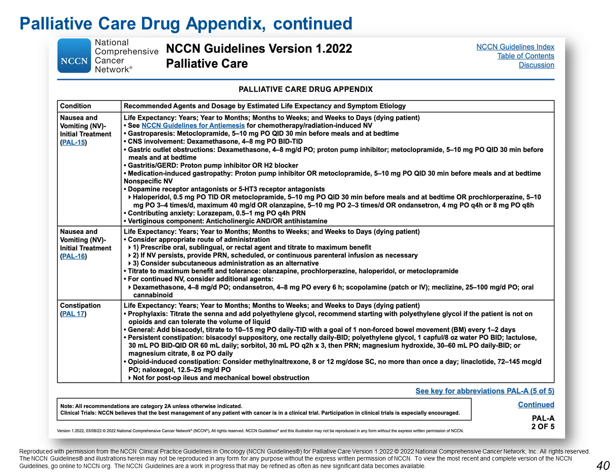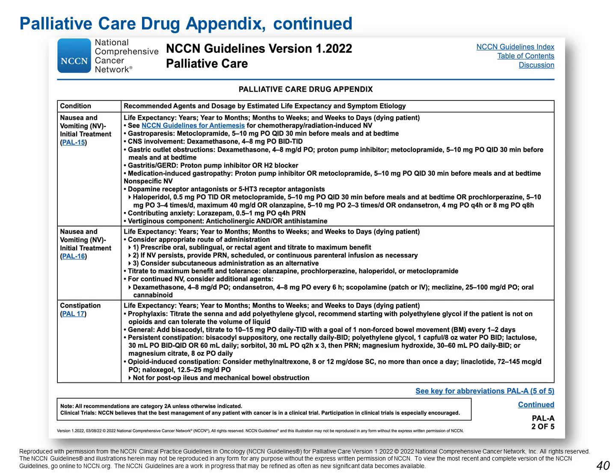Persistent constipation, you can try bisacodyl suppository, 1 rectally daily to BID, polyethylene glycol capsule with 8 ounces of water BID, lactulose 30 cc's BID or QID or 60 cc's daily, or sorbitol 30 cc's Q2 hours, and magnesium hydroxide or magnesium citrate.